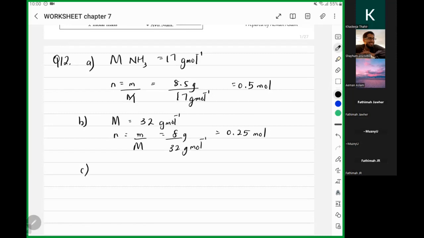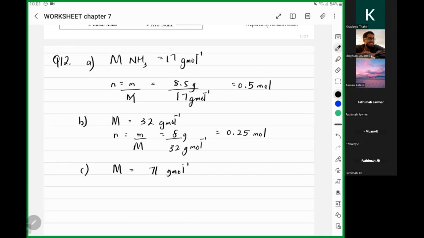Then C, the question is 102 grams of chlorine. The molar mass of chlorine is actually 35.5. Yes, chlorine in your book is 35.5. So Cl2, right? So 71.